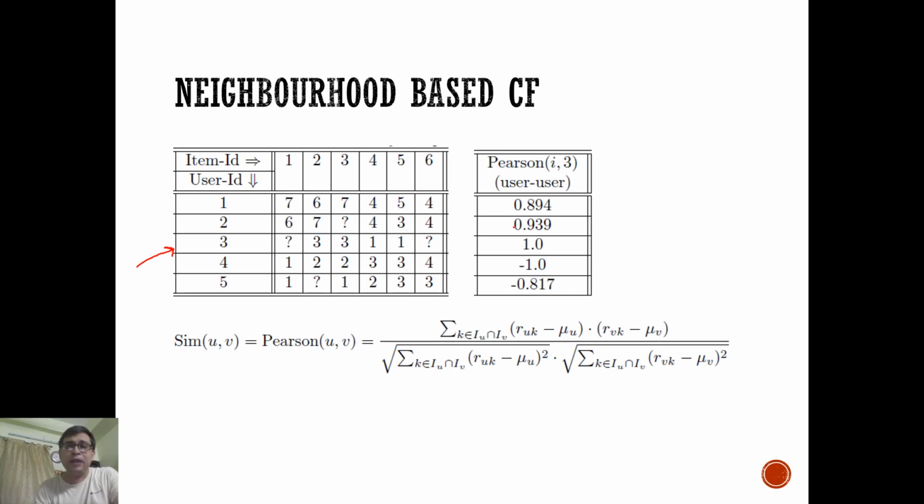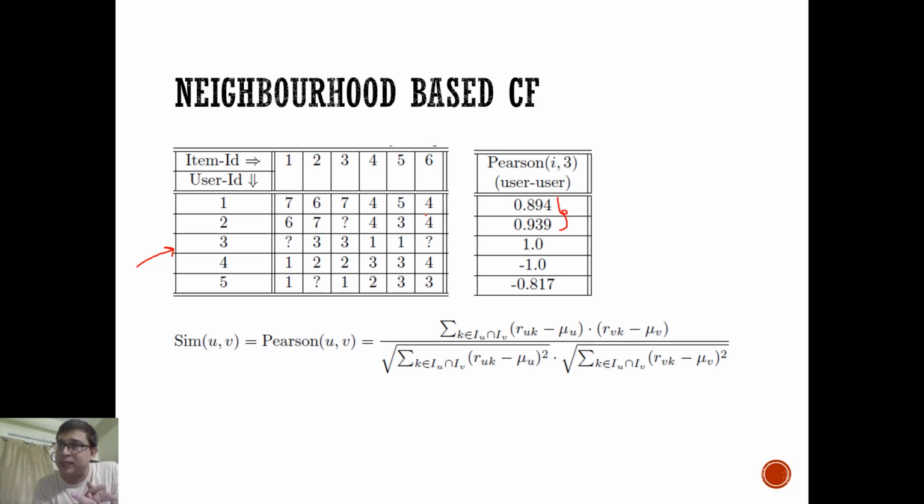Correlation varies between -1 and +1, and +1 means completely identical. You can ignore this one because it is the correlation with itself. Autocorrelation is always 1. Then if I look at these 4 values, I can understand that these 2 users are most similar to user 3. So I should use the ratings of these 2 users to find this rating.